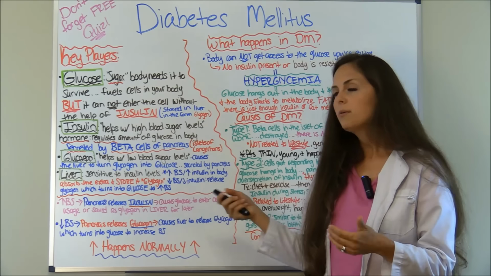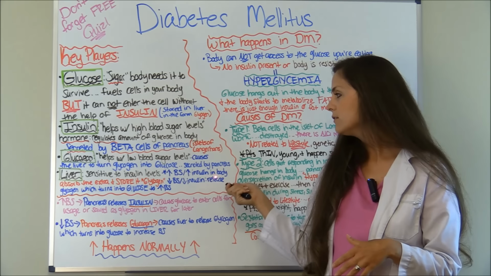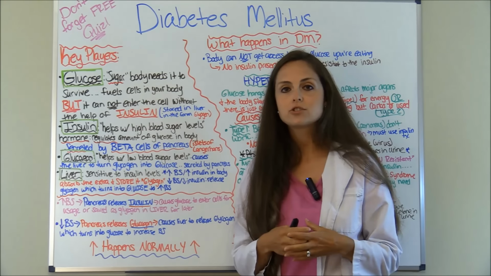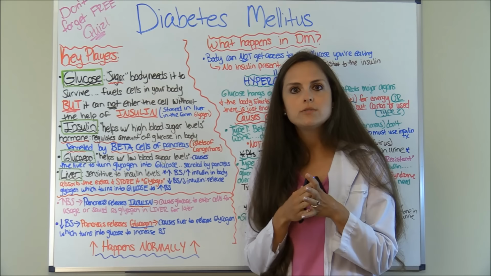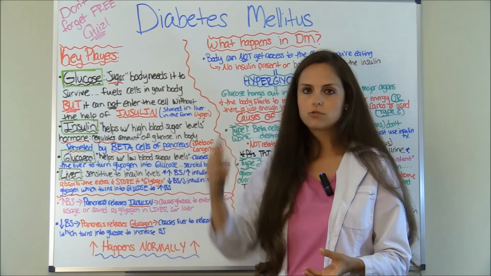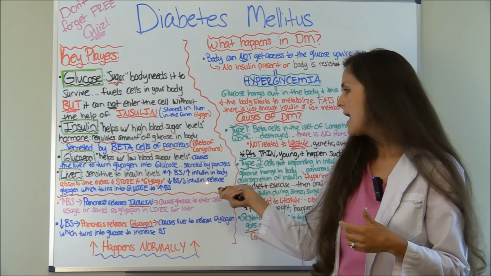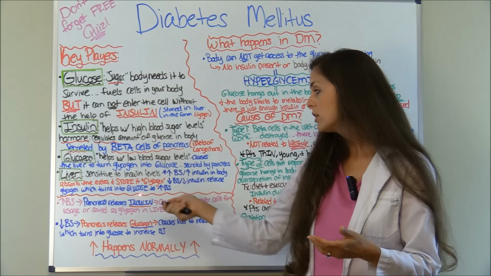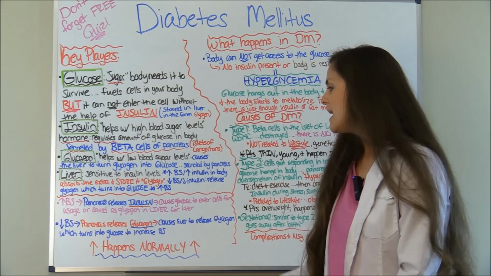Whenever you have high blood sugar and a high insulin level, the liver will cause the body to absorb that extra glucose and turn it into glycogen so you can use it later on. But say all of a sudden your glucose drops and your insulin levels drop as well. The liver will sense that, and this will cause the liver to release those stores of glycogen, which will turn into glucose and increase your blood sugar.